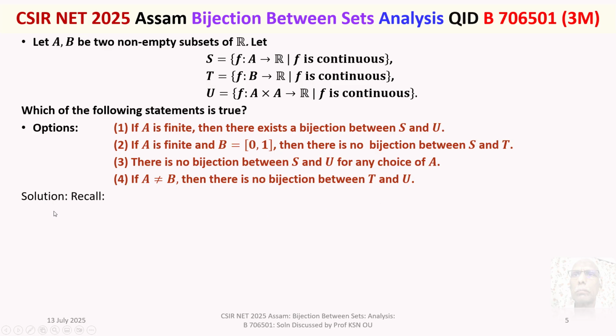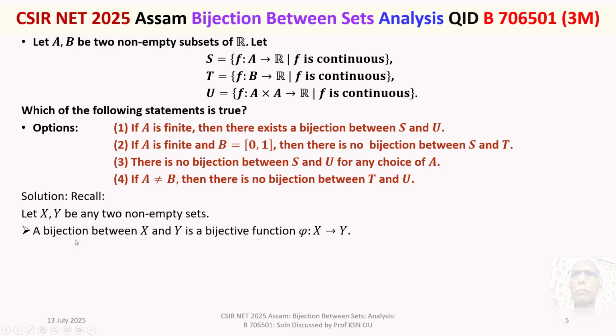Let's now discuss the solution of the problem in detail. We recall the following concepts and the results. Let capital X and capital Y be any two non-empty sets. A bijection between X and Y is a bijective map or a bijective function phi from X to Y. Bijection means a bijective function.